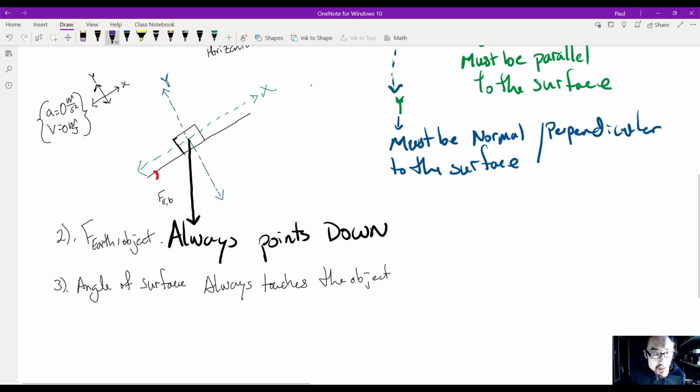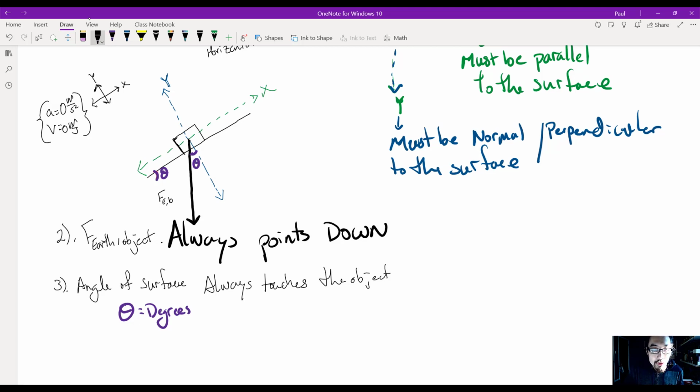There we go. This angle, let's call this theta. So the angle of the surface, we call theta, and the units for this are always degrees, not radians. So if you're coming from math class, be careful. And that angle is the angle right here. Notice how this angle is as close to the object as possible. That's what I mean by the angle of the surface always touches the object.